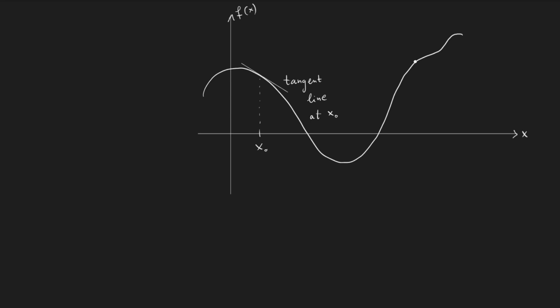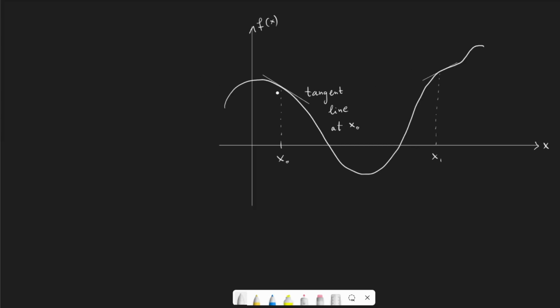But if we take a look at another input value, for example here at x1, then the tangent line will be different than at x0 because of the change of the slope of the tangent line. As our independent value x is changing, we have another function, and this is called the derivative of the function f of x. So the derivative of a function f of x gives us back the slope of the function.